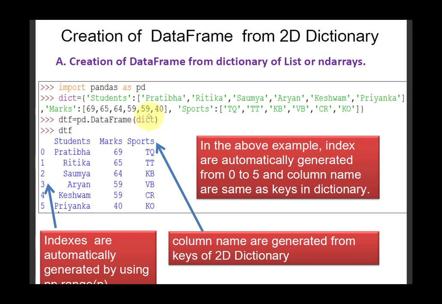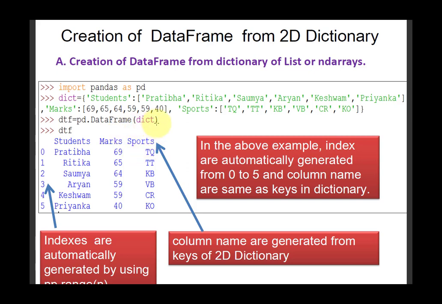So that will convert it into a two-dimensional array. Clear? pd dot DataFrame, that method you have to call to convert any value into the data frame.